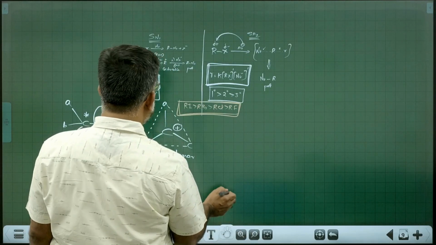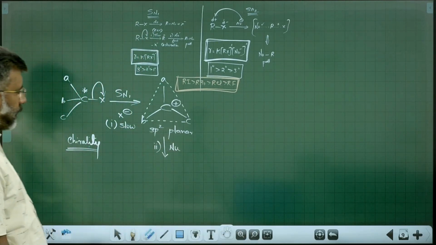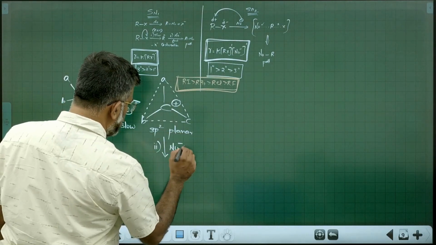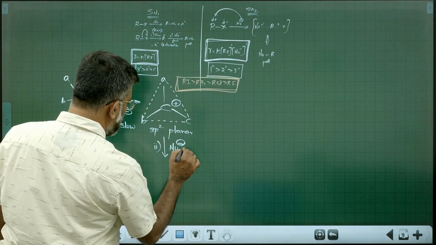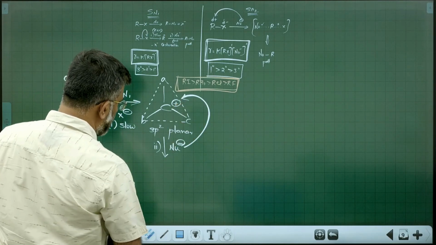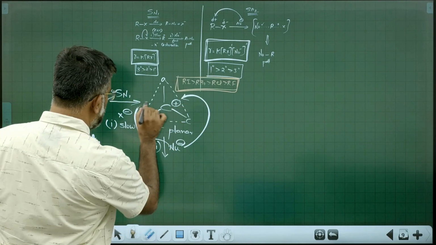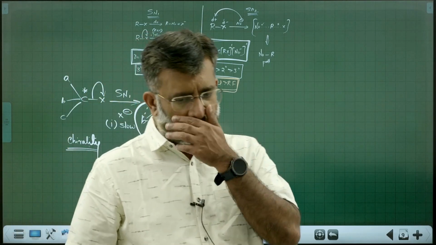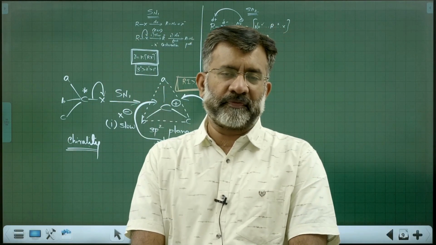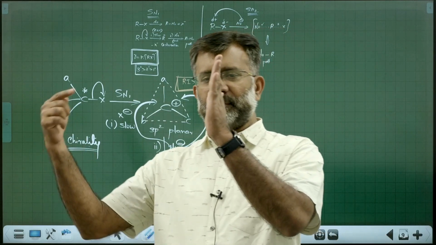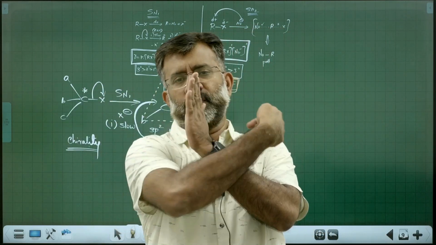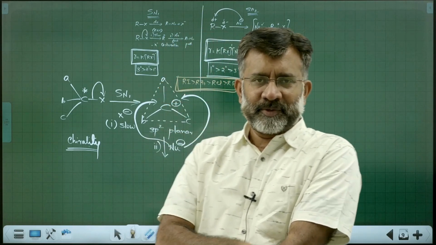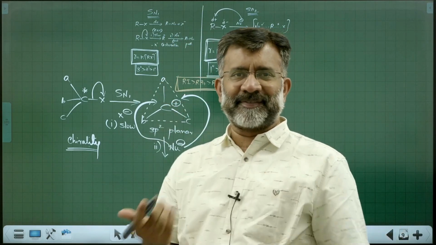There is something special regarding the stereochemistry aspect. The nucleophile Nu minus may be attacking from this side or from that side. It can attack both sides of the plane. There is a 50-50 chance of attack. So what? Because the configuration will be different.